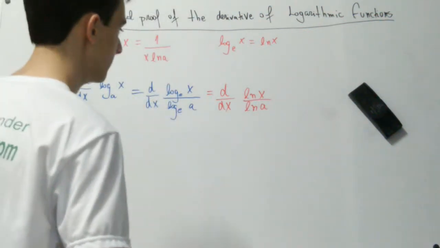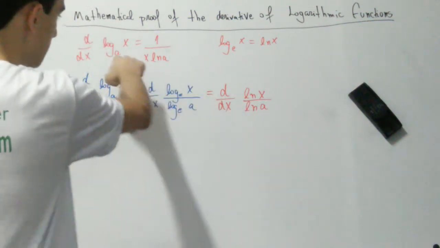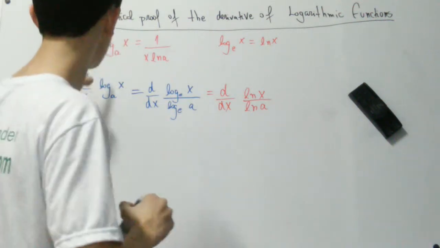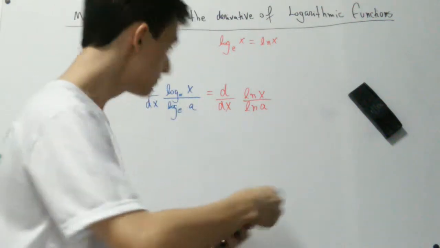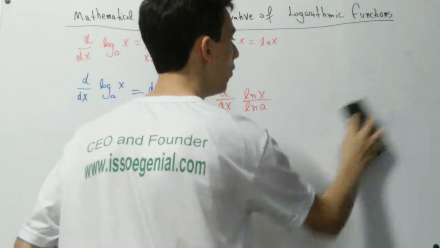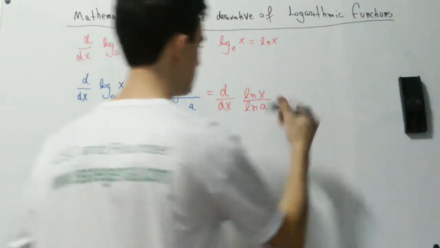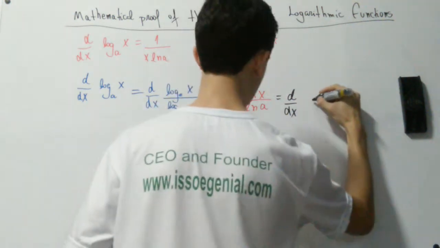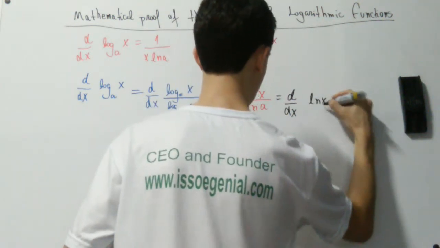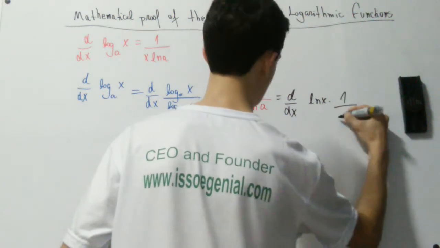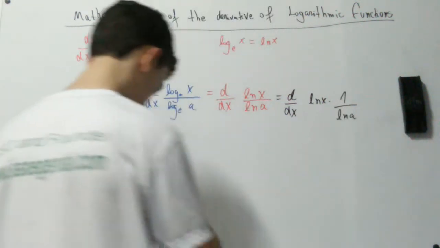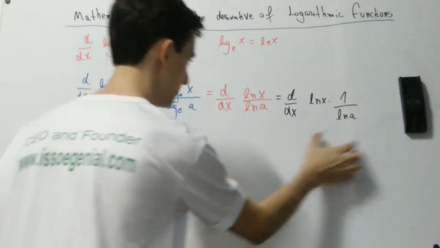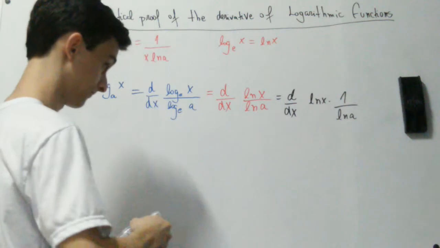And remember that a, in the beginning, is just the base of the initial logarithm, but it's a constant. So we can write this as the derivative with respect to x of natural log of x times 1 over natural log of a. It's the same thing. I have just put this natural log of a separately.